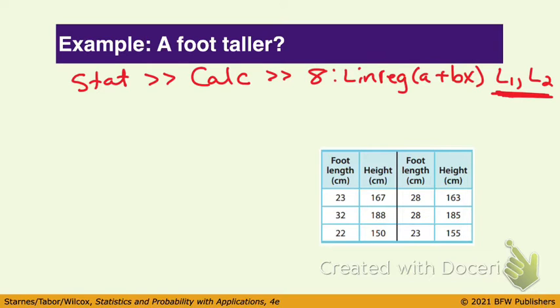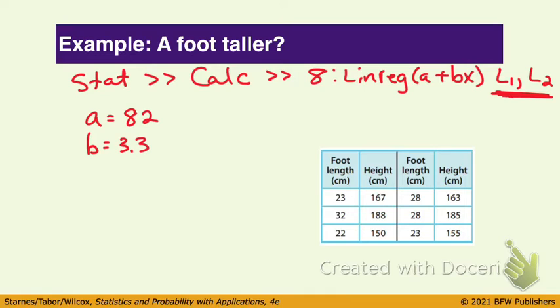For those of you who do, you just go down to calculate. And then it should tell you what a equals, and it should tell you what b equals. So what does it tell you that a is? 82? Yeah. And what does it tell you that b is? 3.3? Yeah. We'll just go with 3.3.